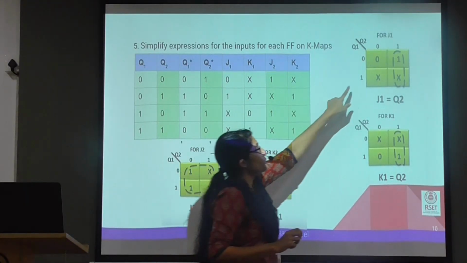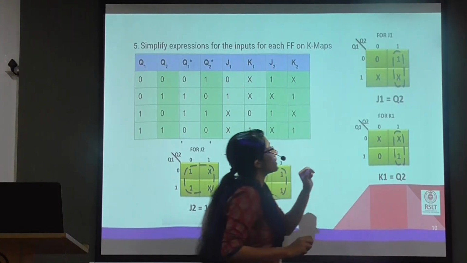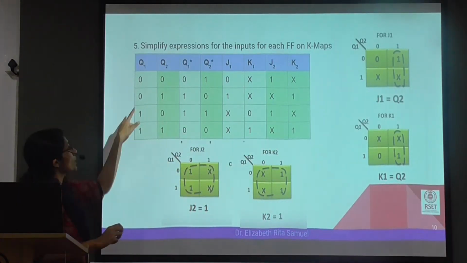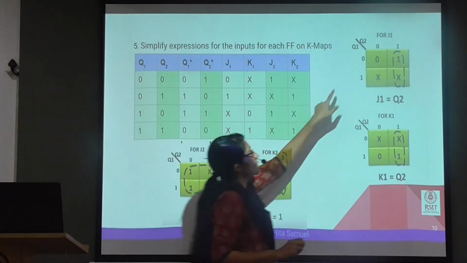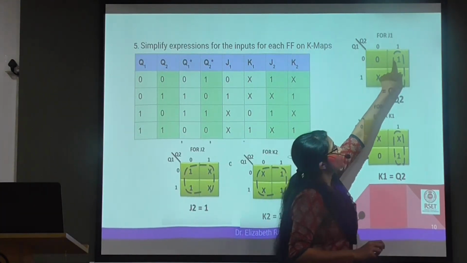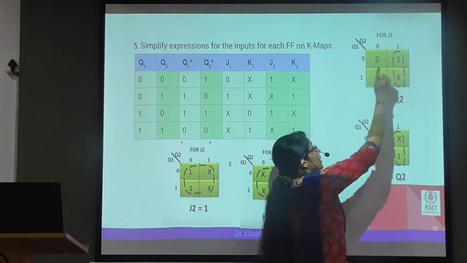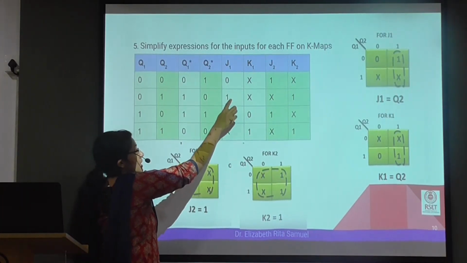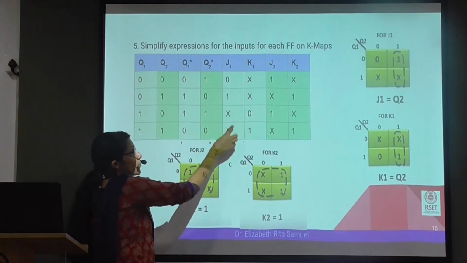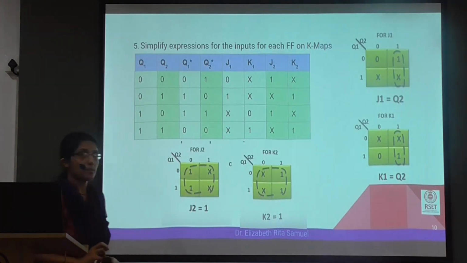So in that cell we can write J1 as 0. Next we look at when Q1 is 0 and Q2 is 1. So the cell is this one. Over there the value of J1 is 1. Similarly, we will fill up all the cells of our K-map.